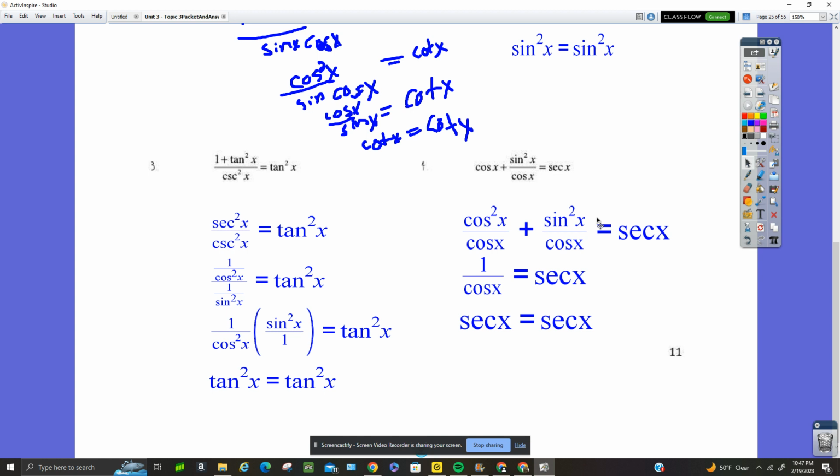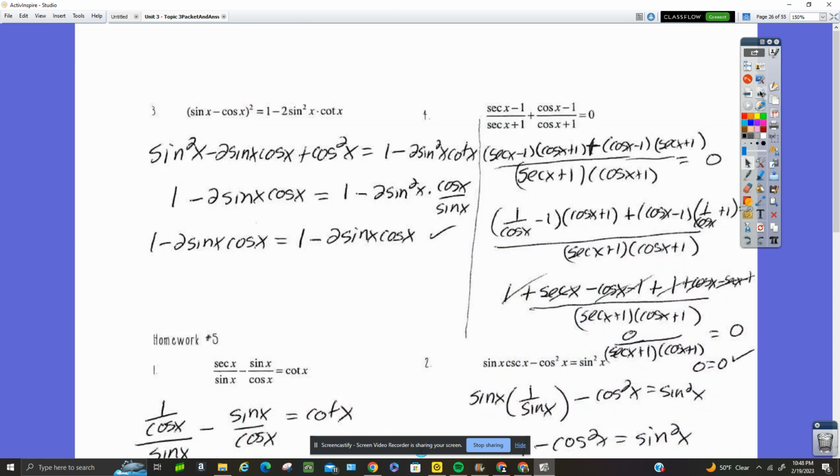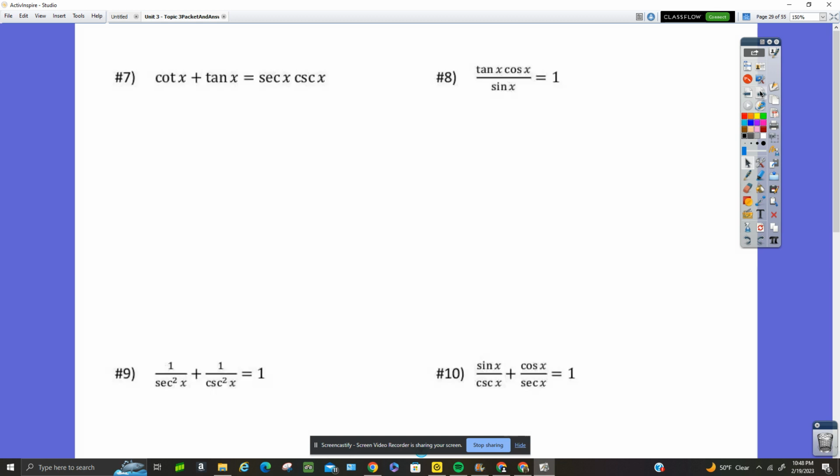And then I want to look at page 13, which is not labeled as page 13, but it's 2 pages after this one here. It looks like this here. It says number 7 there.